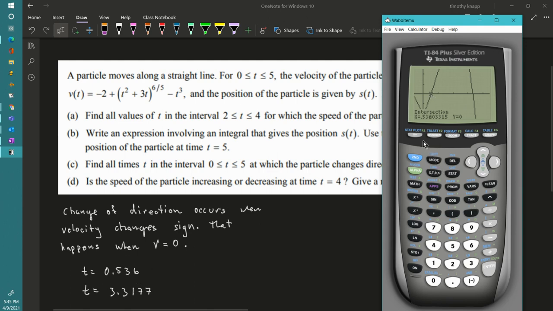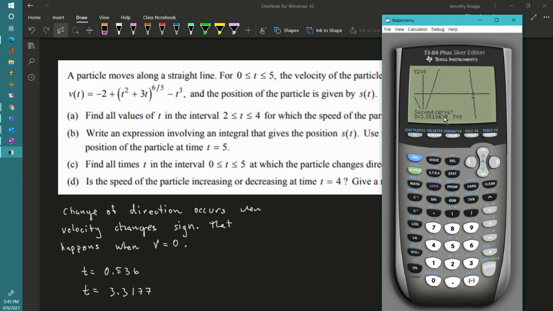All right. And then, so I'm going to do the other one again. So it's second calc, and I'm going to do again intersect. And this time I'm going to go all the way over to this one over here. Hopefully it doesn't take too long. There. So again, I'm going to choose my first curve. I'm on it.